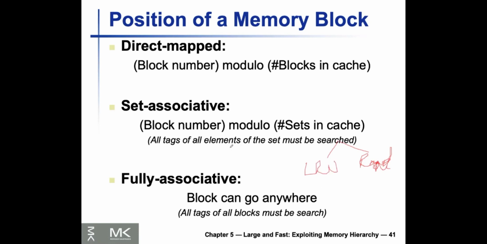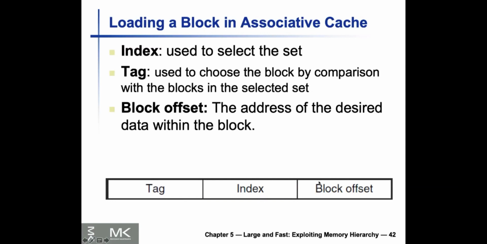Because all the tags of the elements of the set must be searched, right? And for the replacement, we have multiple choices in the set, depending on the result of this. If it was 2 or 4, right? You need to use either random or LRU. And for the fully associative, the blocks can go anywhere. Thus, all tags of all blocks must be searched, right?